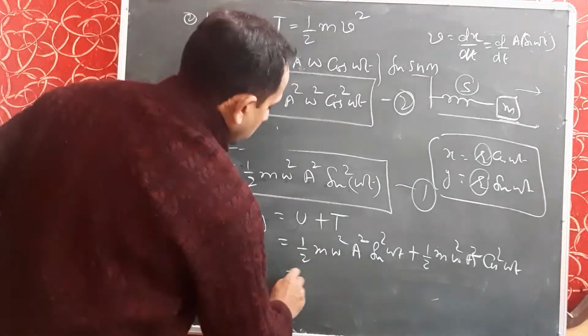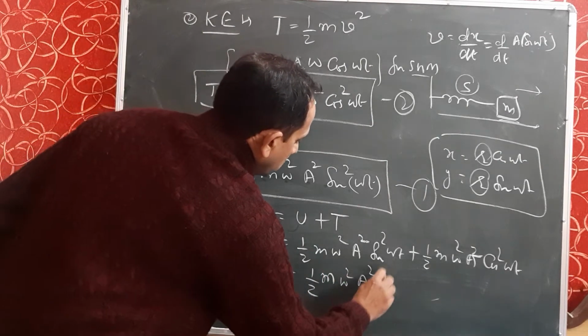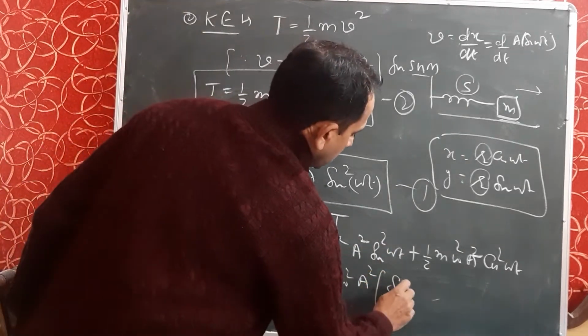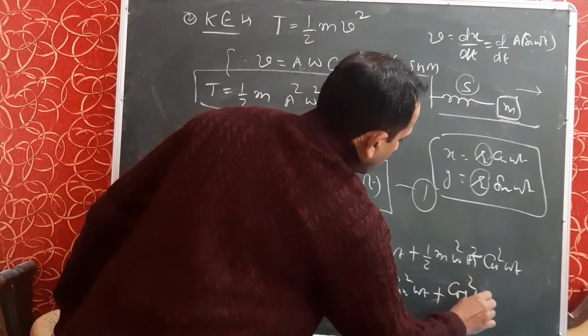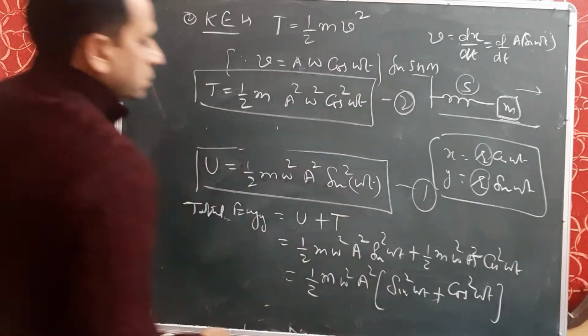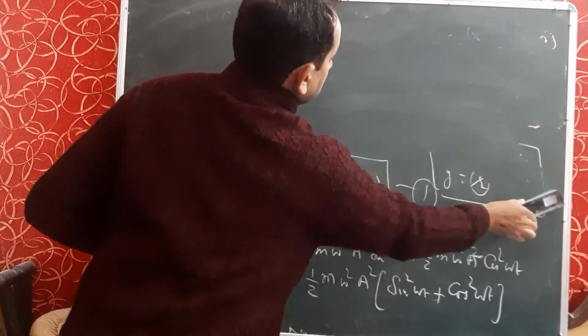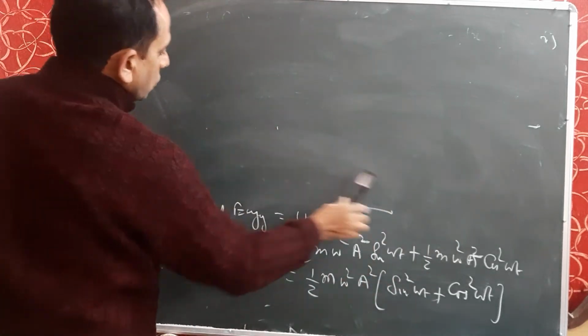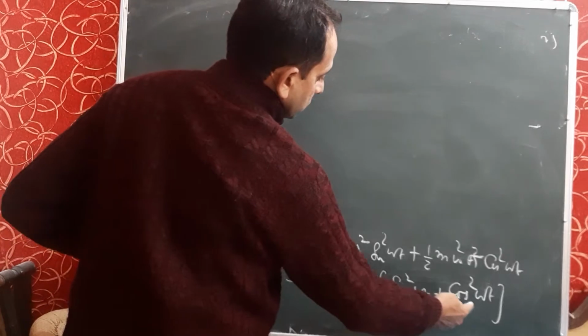Taking common half m omega square A square, the remaining terms are sin square omega t plus cos square omega t. You know that sin square omega t plus cos square omega t is 1, because sin square theta plus cos square theta is 1.